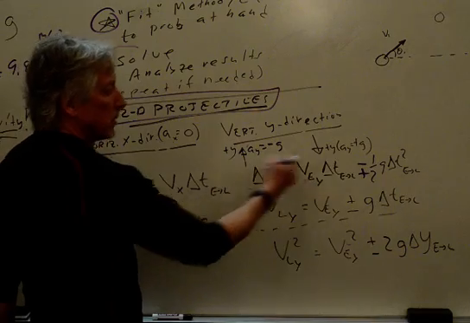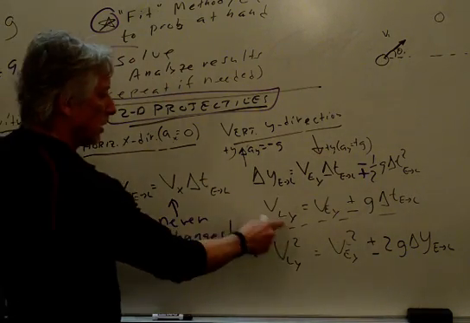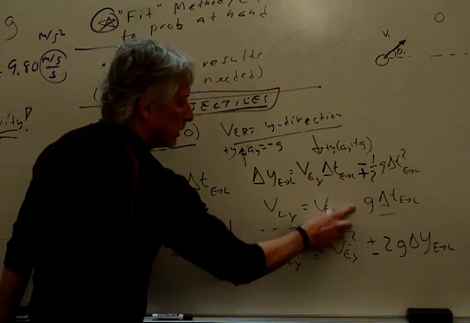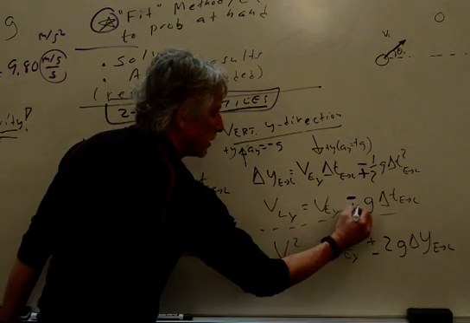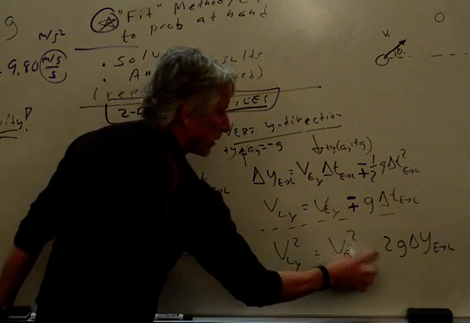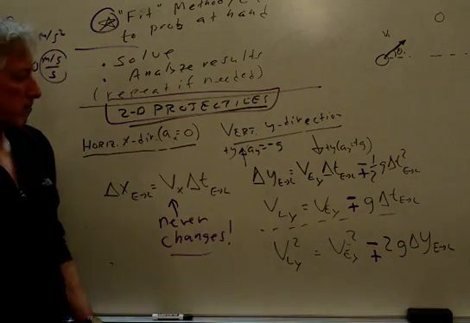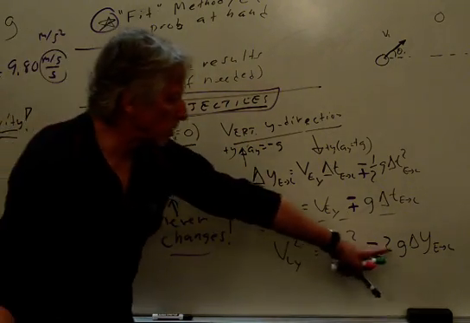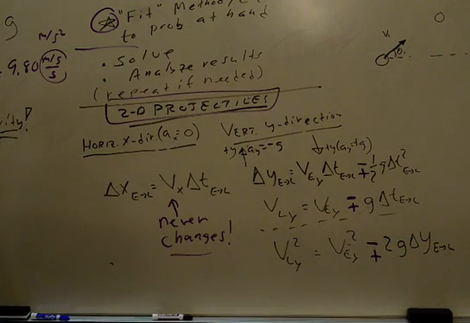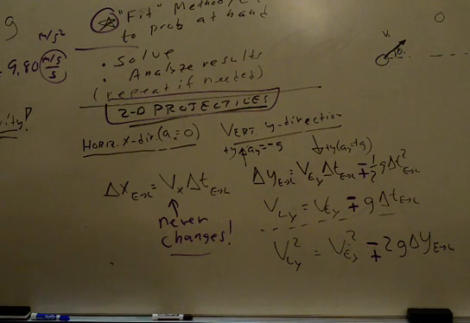Minus for up positive, positive for down positive. V later y is V earlier y minus plus g delta t. V later y squared is V earlier y squared minus plus, in this case, anyway, you hopefully get that, 2g delta y.